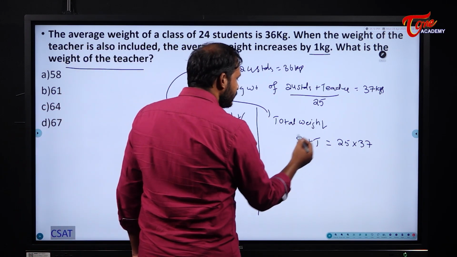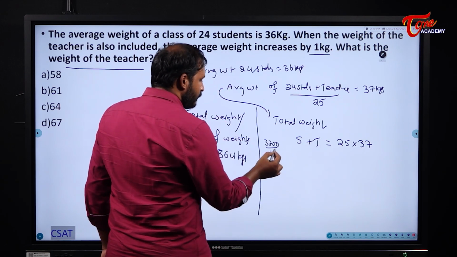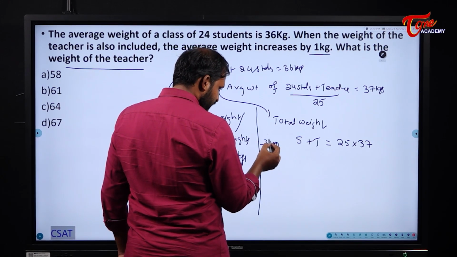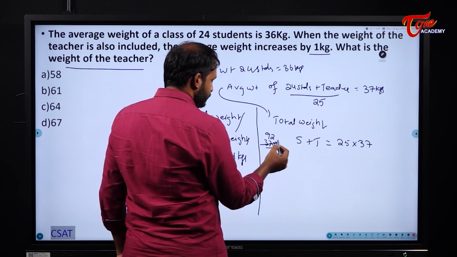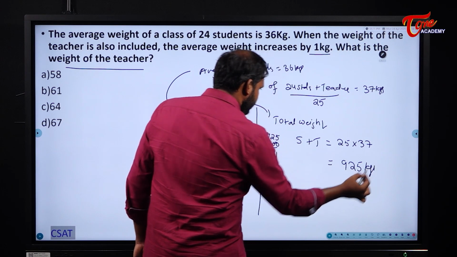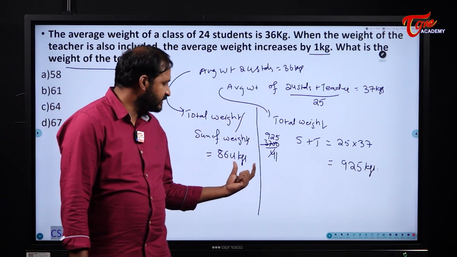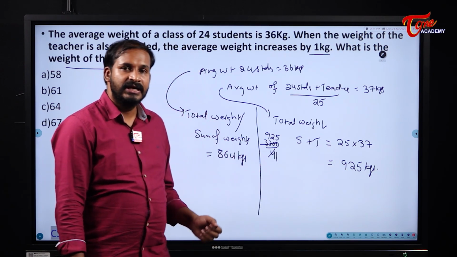So what will you get here? 3700 by 4, which is 925 kgs. So the sum of all the students' weight is 864 kgs and the sum of students plus the teacher's weight is 925 kgs.